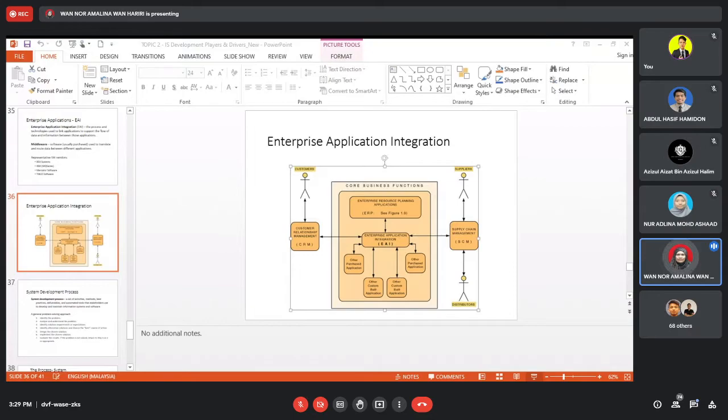Okay, this slide talks about the systems development process overview, starting from the system initiation deliverables, analysis, design, and implementation. All of this has been described here. Okay, and with regards to project and process management, it will be discussed further in topic 4.